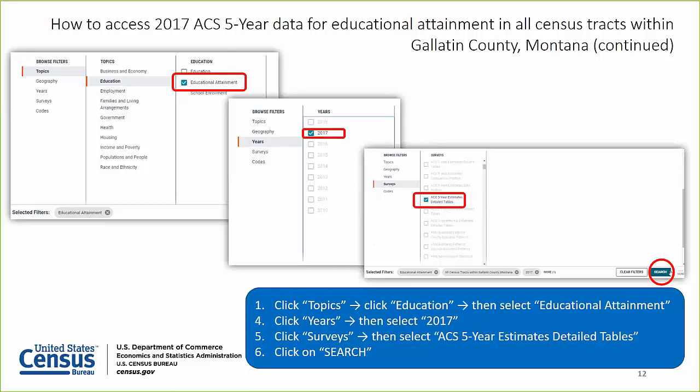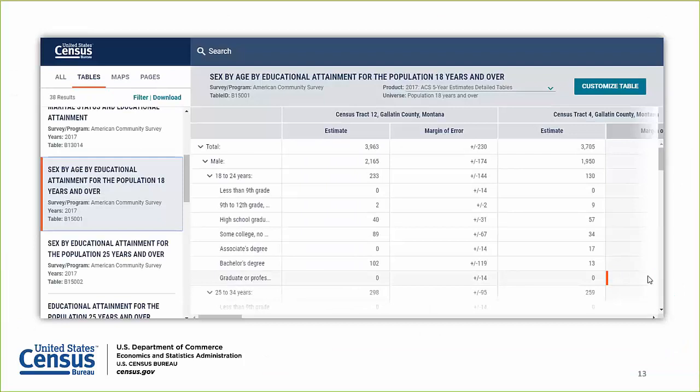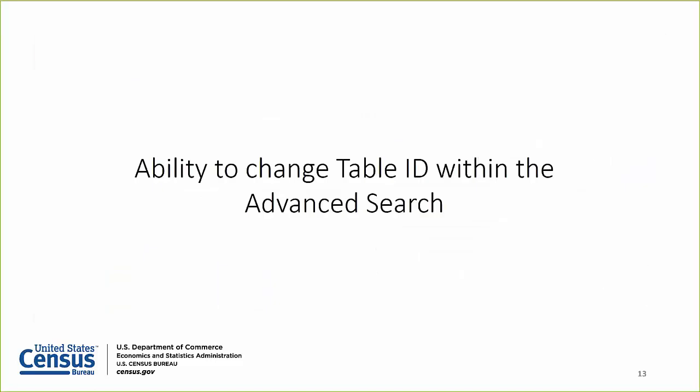We did educational attainment and all those census tracts, so we chose that. To fully qualify everything, we did the year 2017, and then we chose the 5-year detailed estimates and clicked search. You don't have to be that complete with your searches, but you always can be if you know what you're looking for. And then it pulled up B15001, sex by age by educational attainment for the population 18 years and over.